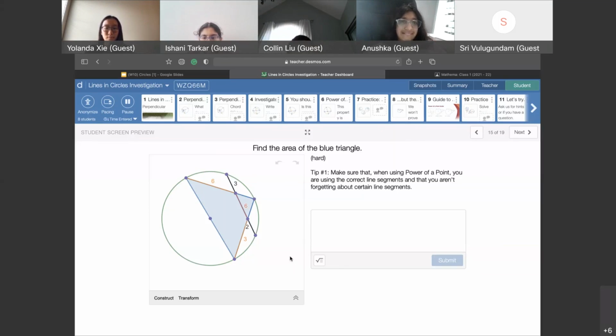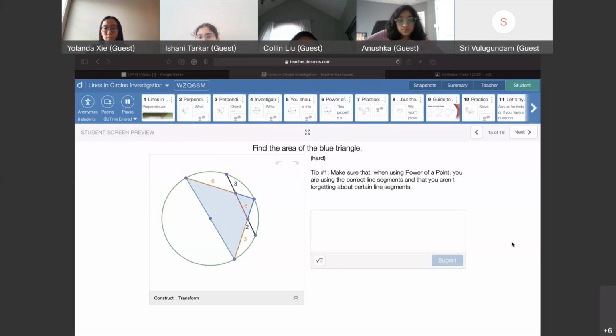For this question, what would you do for the line intersecting the triangle? Would you do 3 times 6 times 2? No, remember that you multiply. So you take this point right here, and you have to take the side.